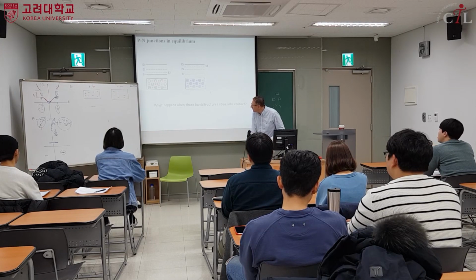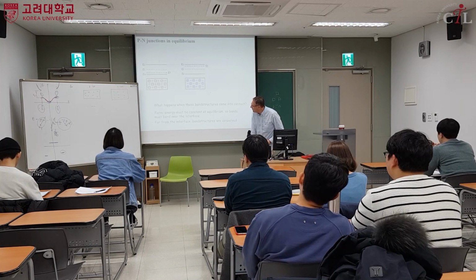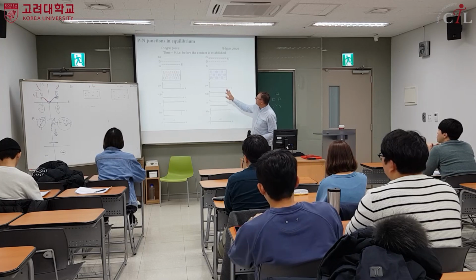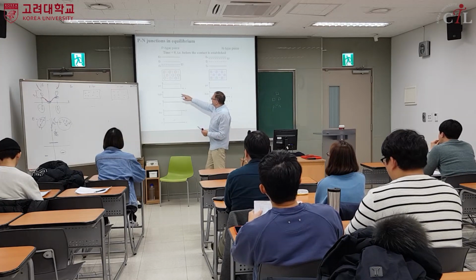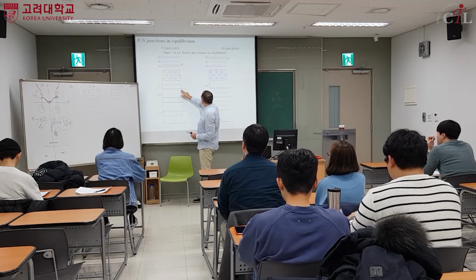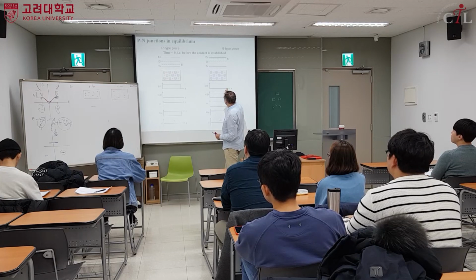But anyhow, the question is what the band structures are. Okay, everything is fine. But before we put it together, we have positive mobile charge, and also a little bit of positive mobile charge on that side.